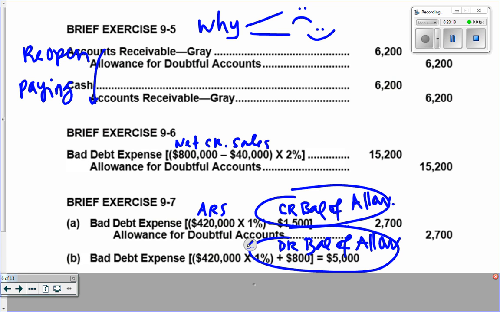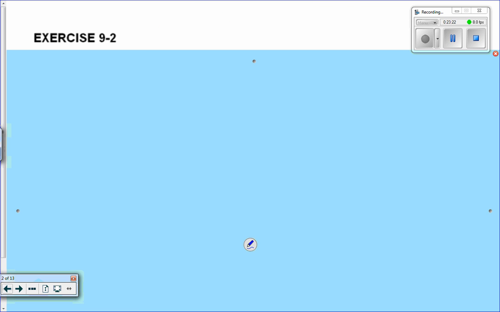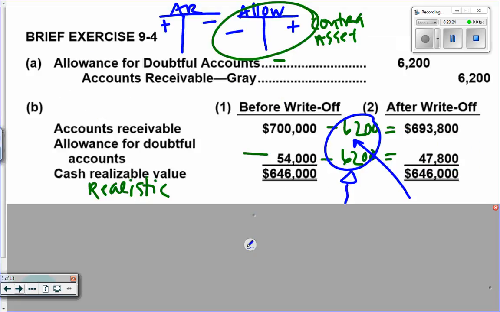I'm going to go back to where I drew those little T accounts. Right here. Now, you see pluses and minuses. Don't be confused by that. Remember, these are contra assets. So if I had to embed those in ARs, if I had to put this credit right here, what was the number? 1,500. If this was a plus 1,500 right here, over here it would be like a minus 1,500 if I had to embed that. It's offsetting AR.